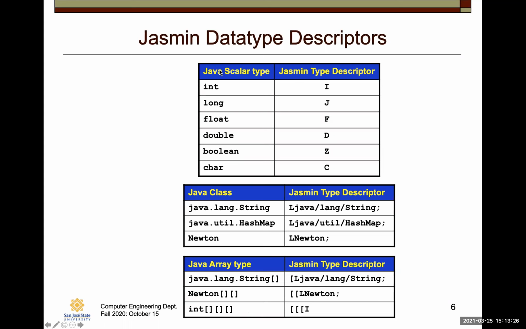Well, that's a scalar, so we use a capital I, and here are the three square brackets, and then the letter I. Now the I for int is for scalars, not for a class, so there's no capital L and there's no semicolon at the end, just I. So yeah, it is kind of a bizarre syntax, but that's the Jasmine assembler, and there's nothing we can do about that.